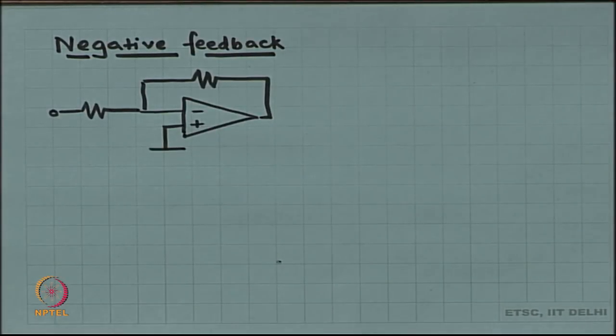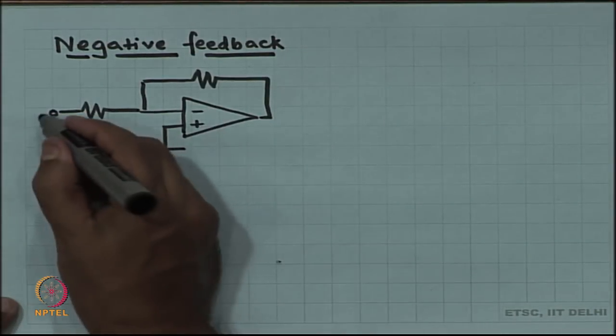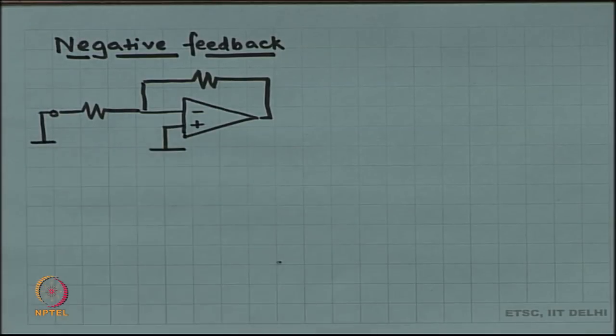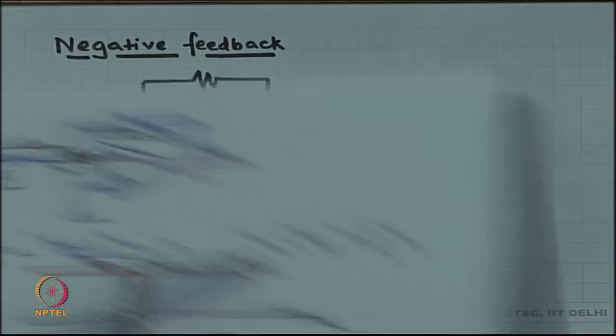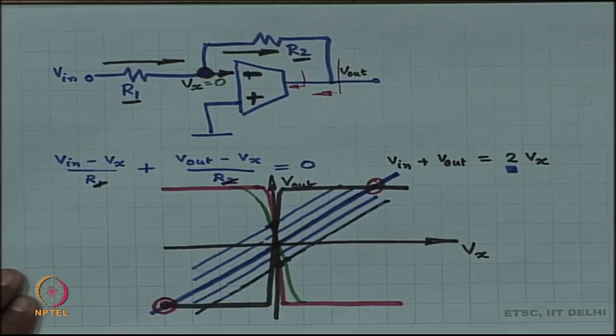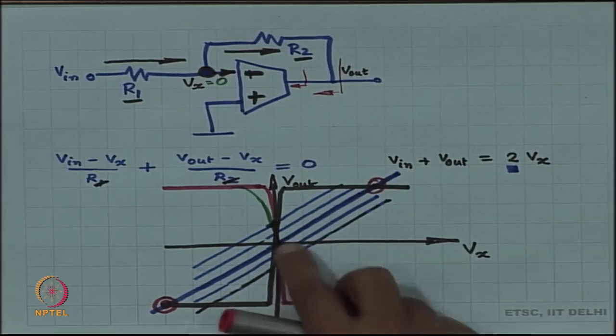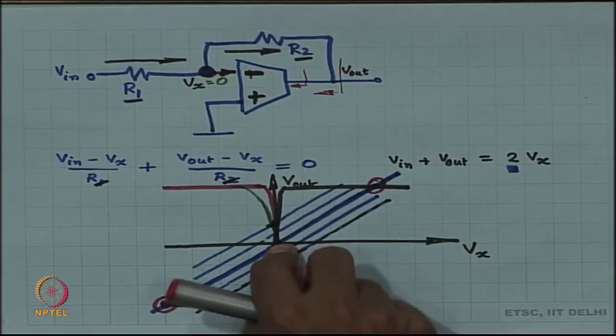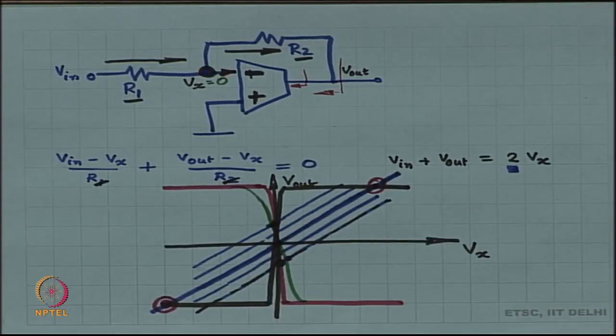So, suppose the input voltage is 0. Now, you can do the analysis of this with the help of these curves, right. You choose the center blue line because the input voltage is 0 and you find that the point of intersection is at the center, and lo and behold everything works out.